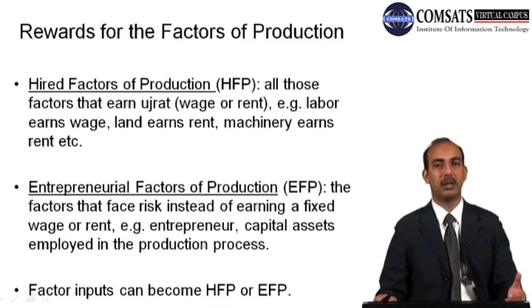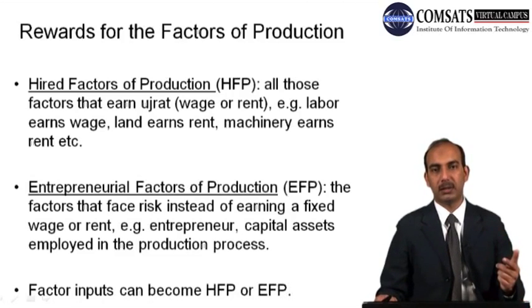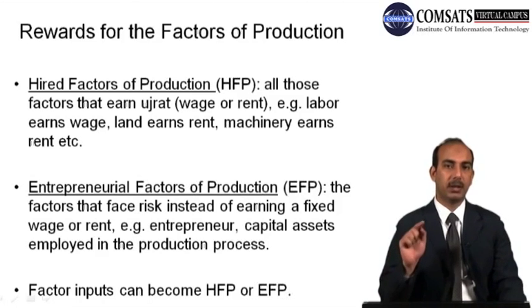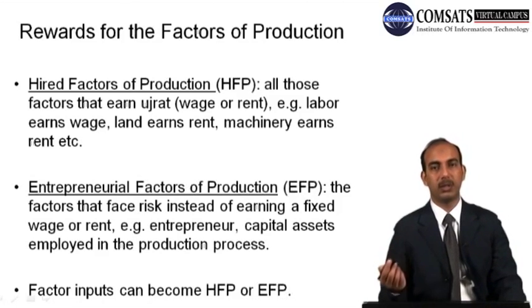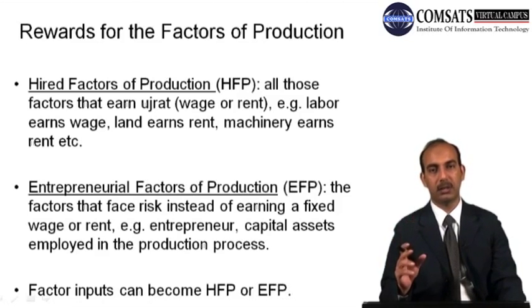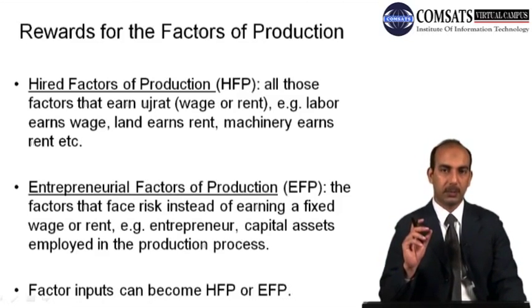You will simply earn a reward as rent. But when you employ your machinery in your business, you are not going to earn any rent on it, rather you are going to earn some profits on it. So this is the difference between a hired factor of production and an entrepreneurial factor of production. And only factor inputs which are not consumed in the process can become either a hired factor of production or an entrepreneurial factor of production.